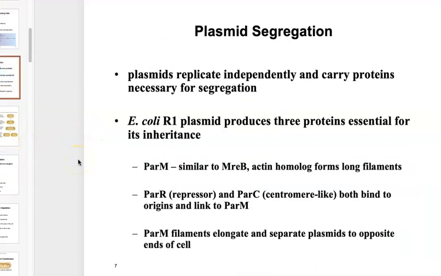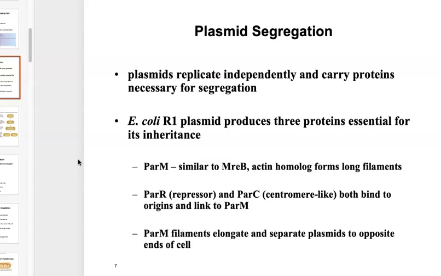So another thing that has to happen, if the cells are carrying plasmids, mind you, is plasmid segregation, where we know that plasmids replicate independently and they carry proteins necessary for segregation. So if these plasmids are important, the bacterial cell needs to retain them.